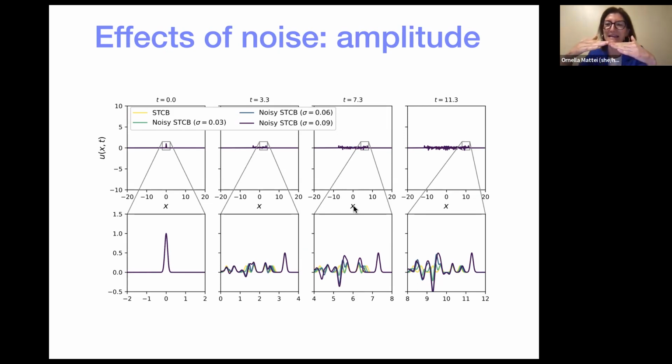They will not meet exactly at the points where we want them to meet, and therefore the overall amplitude of the wave will indeed increase in time. Here you see in yellow the case with no noise, and then we increase the level of noise, and you see that the amplitude of the oscillations in the wake of the wave does increase in time.